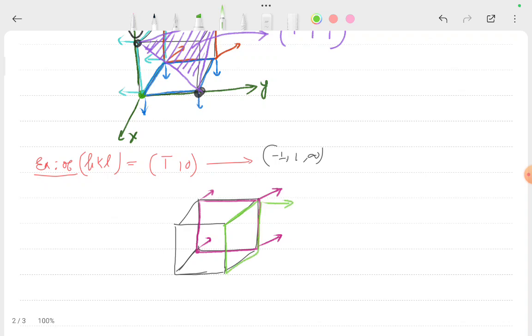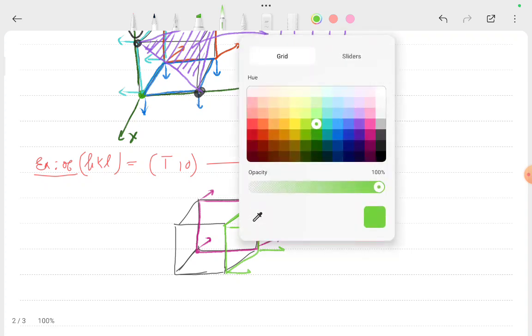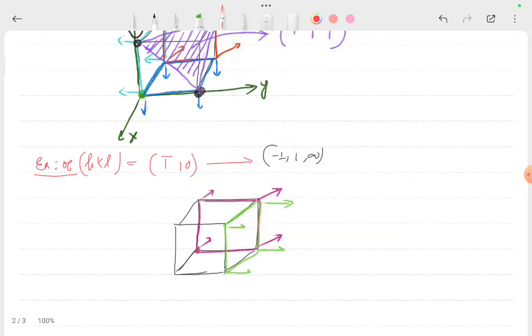Take arrows at each corner, and then try to find the corners where the arrows do not cross each other. This point here, the arrows do not cross each other, and another point is here, and another point is here, and another point is here. So please connect them.